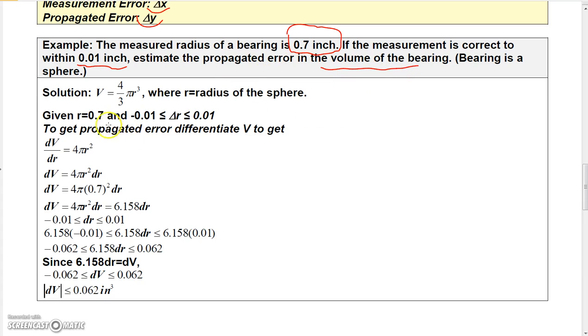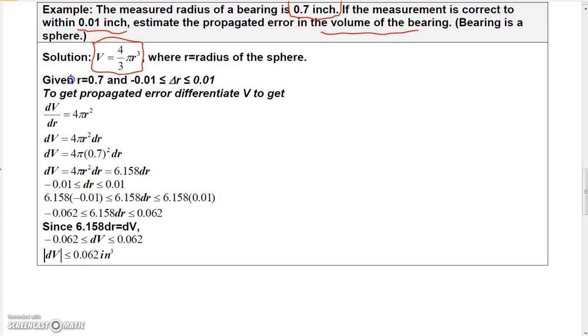The volume of the bearing would be 4/3 pi r cubed, where r is the radius of the sphere. We're given that r is 0.7, and we know that delta r has to be between negative 0.01 and 0.01.